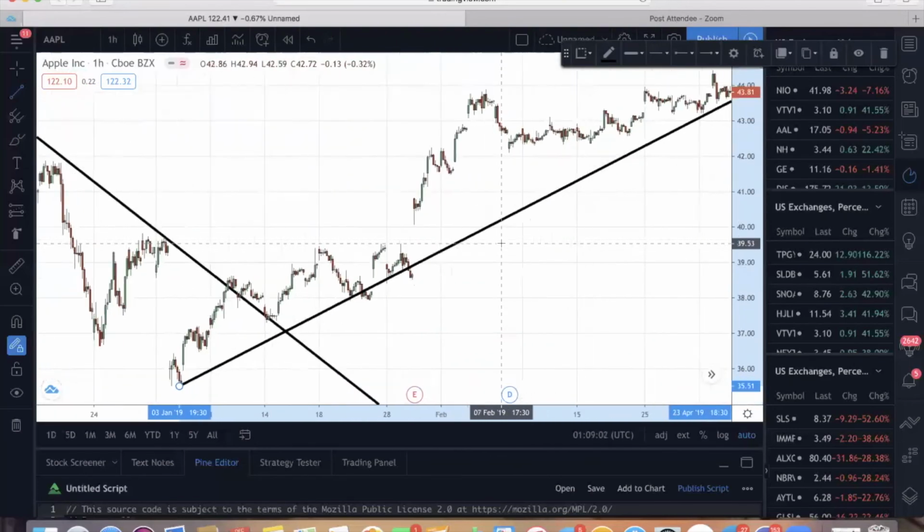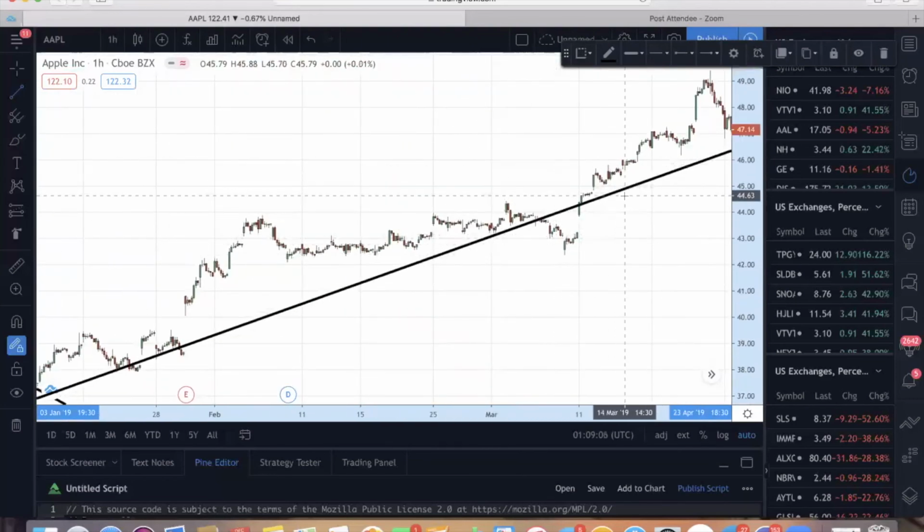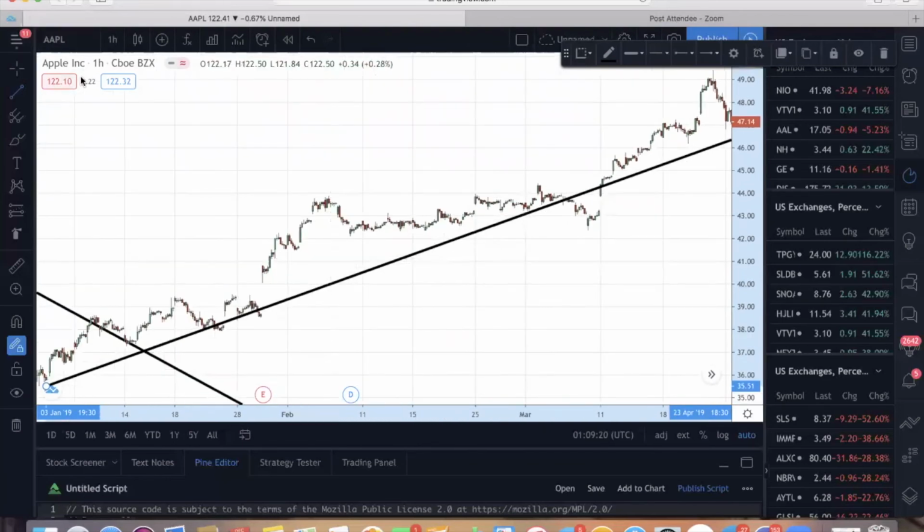So being able to identify these trends can help you see the points of interest within this specific trend line that you can then identify as potential entry points, exit stops, or anything really that you need to use and observe when you're in this specific stock.